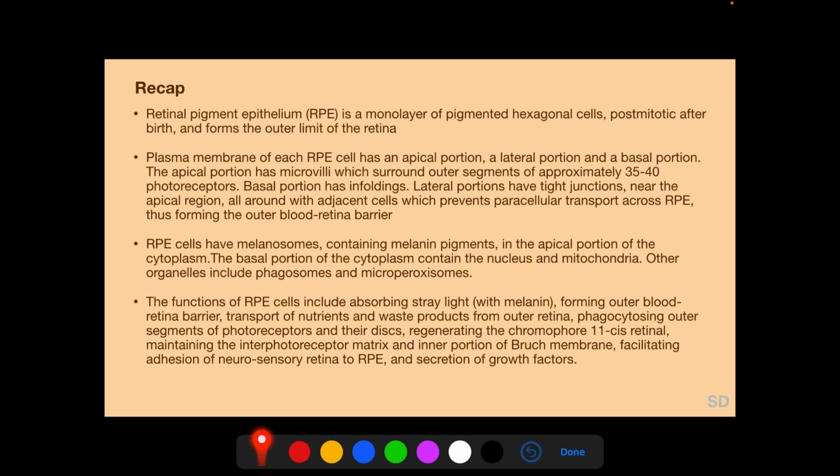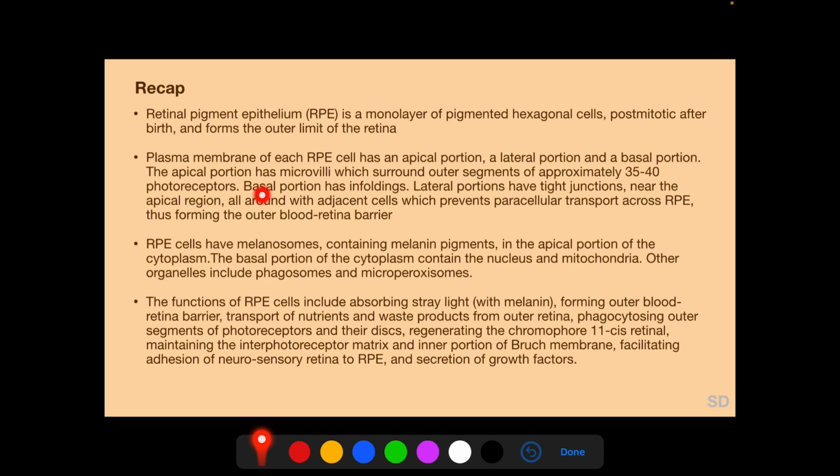To recap the salient points, the retinal pigment epithelium is a monolayer of pigmented hexagonal cells which are post-mitotic after birth and forms the outer limit of the retina. The plasma membrane of each RPE cell has an apical portion, a lateral portion, and a basal portion. The apical portion has microvilli which surround outer segments, and each RPE cell interacts with 40 photoreceptors.